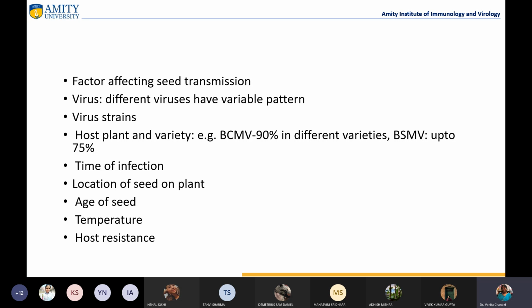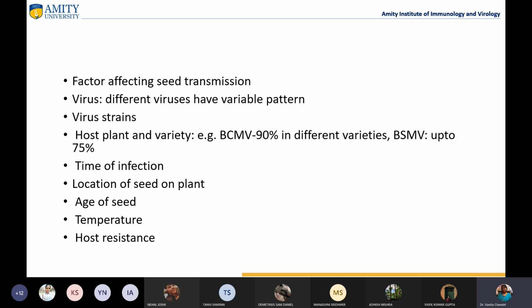Usually the common way of developing virus resistant plants is pathogen derived resistance. I don't think that's part of your course, but in the management lecture we can discuss pathogen derived resistance and cross protection techniques which are used in the case of plant viruses, right?